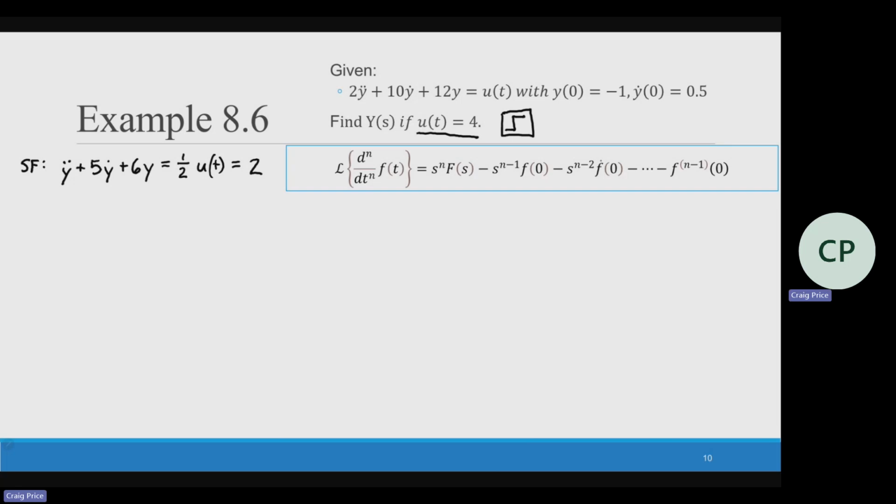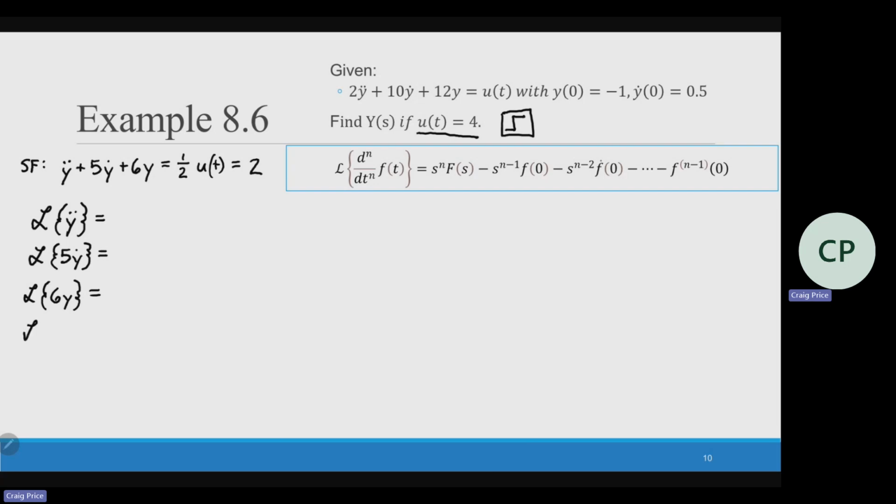Okay, now we're going to do the Laplace transform of every term. So I want to have it in standard form, and we got it in standard form. We're going to do the Laplace transform of y double dot, the Laplace transform of 5y dot, the Laplace transform of 6y.